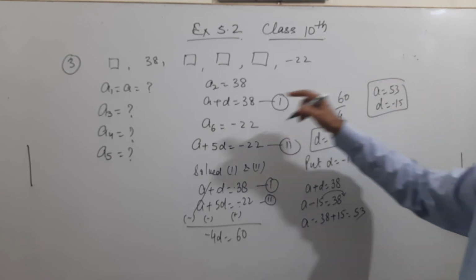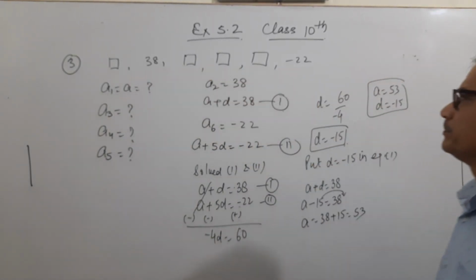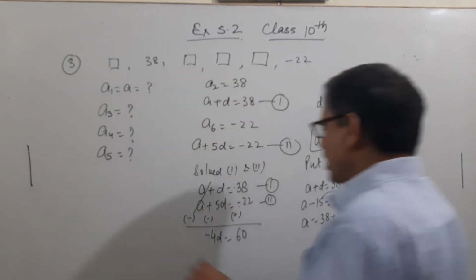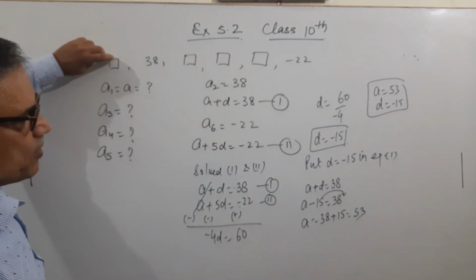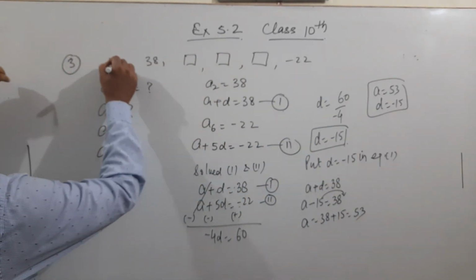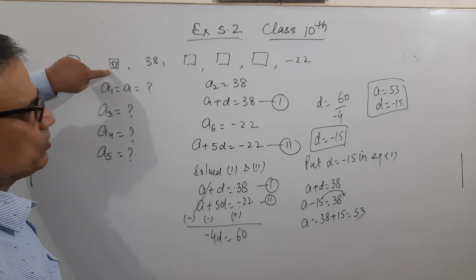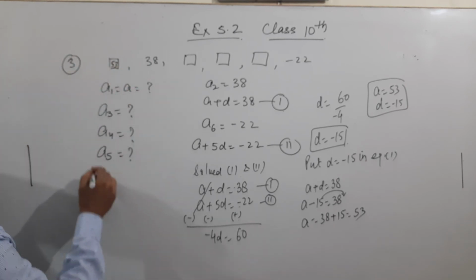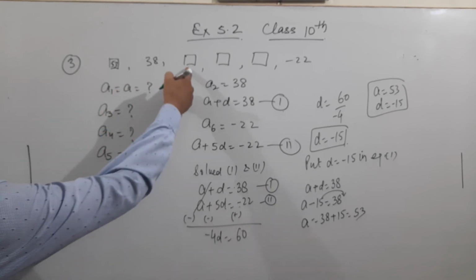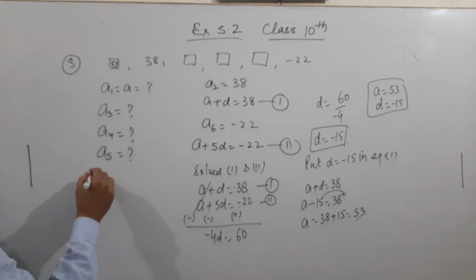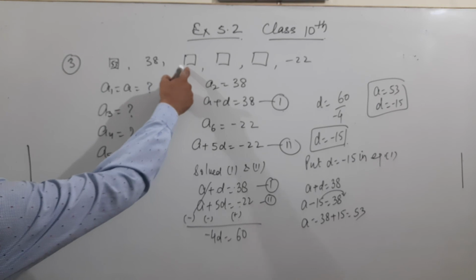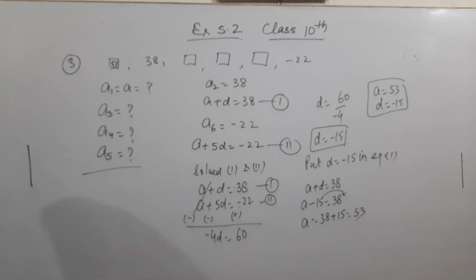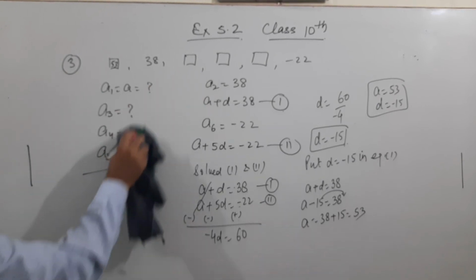From here we will calculate all the values. This box is A, which means 53. And we have to subtract minus 15 each time. Now this box is A3.